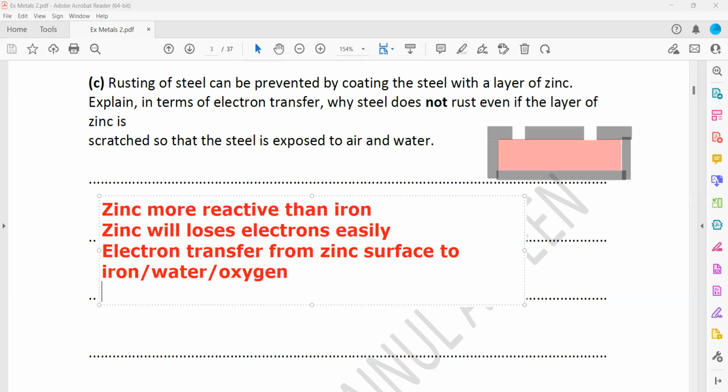Therefore the iron cannot lose electrons, because a lot of electrons are already on the iron surface, so it cannot lose its own electrons. So iron does not lose electrons.